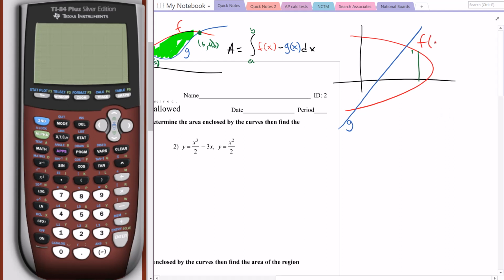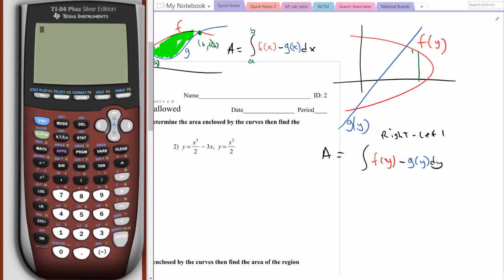This is f of y, and this one would be g of y, and the area would equal the integral of right minus left. So in this case it'd be f of y minus g of y, because the f is on the right hand side.